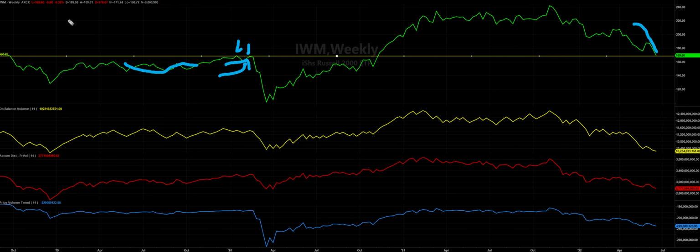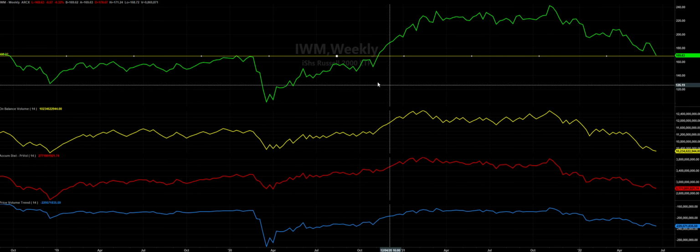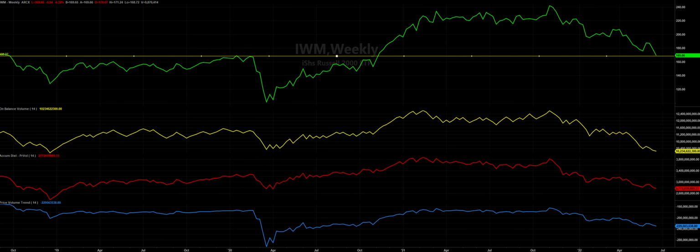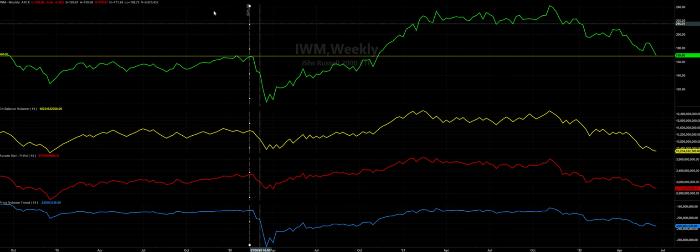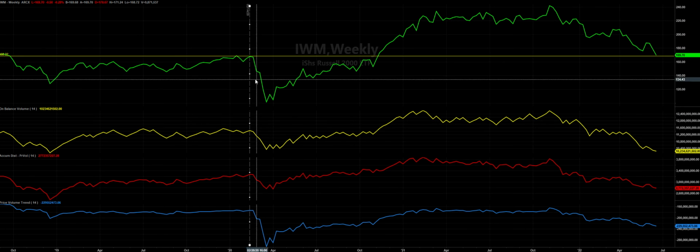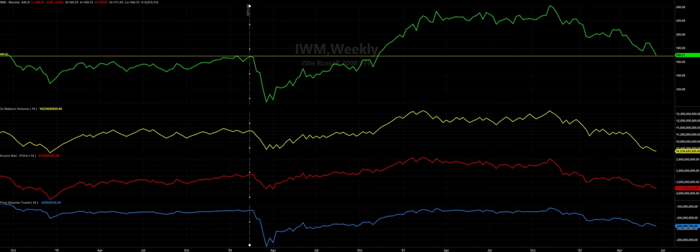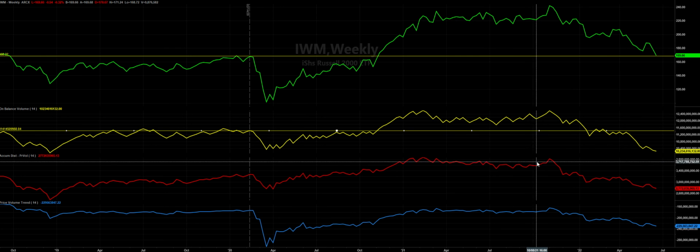Well, guess what? Let's do our on-balance volume analysis real quick, and we're going to stop right here. Be careful. Watch everything moving. Here's a vertical line, and a horizontal line going across the top. If I put another horizontal line on the on-balance volume above its tops, what do you see?